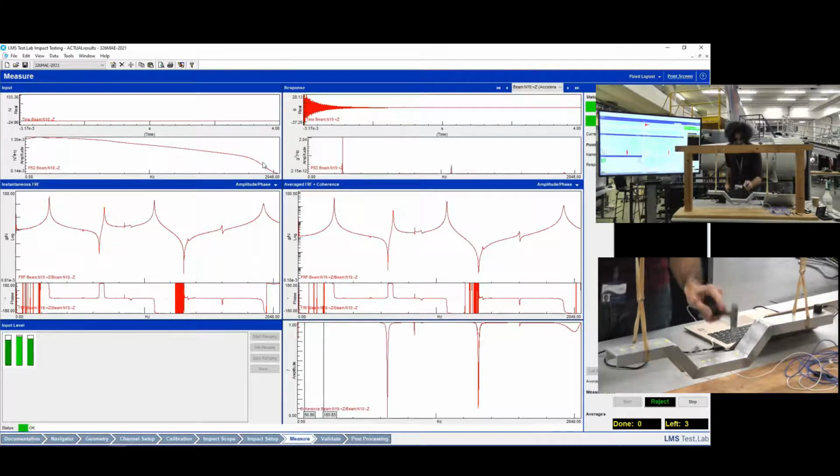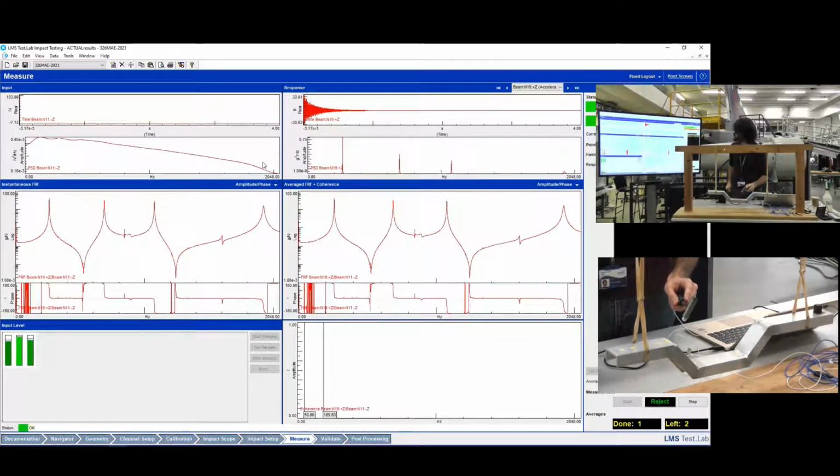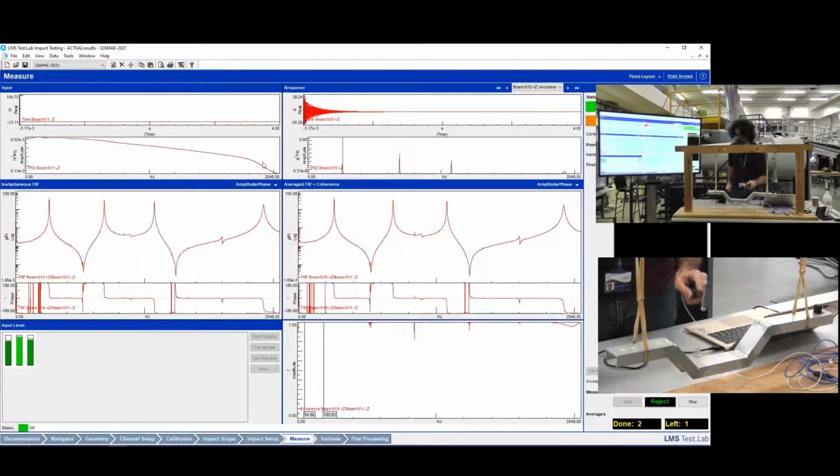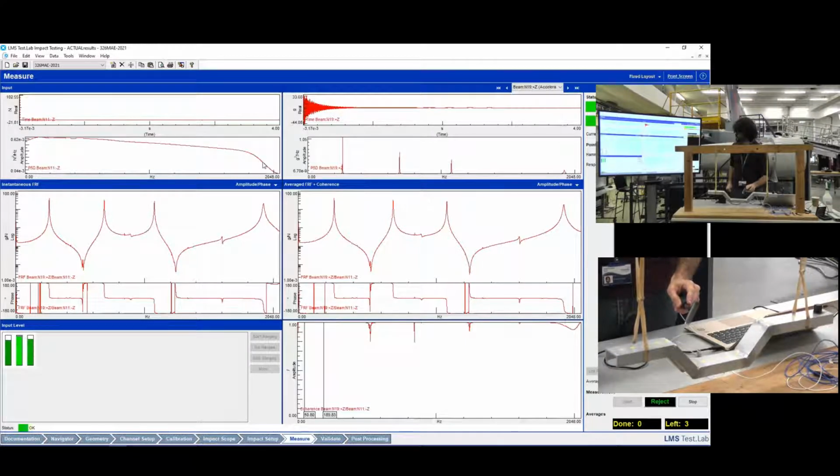Point 11, close to the welding. It's good. Point 12.